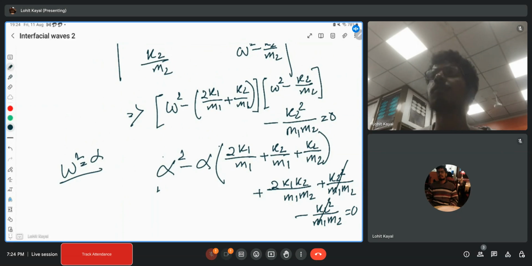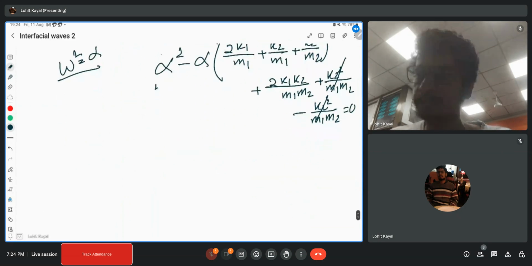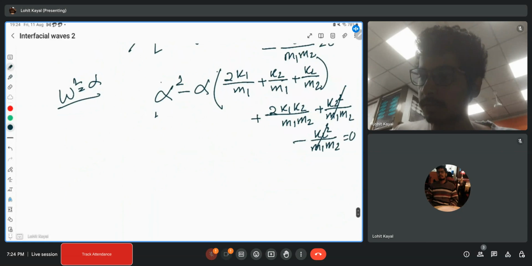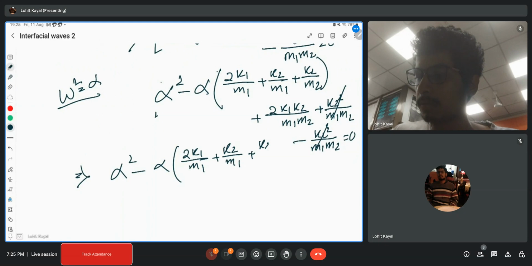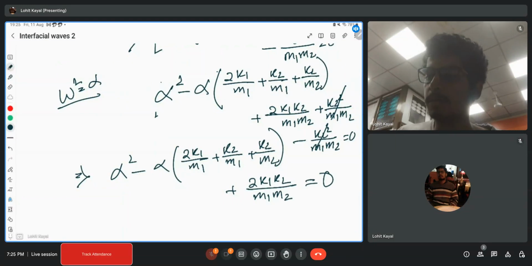So these two will be cancelled. This implies alpha square minus alpha times (2k1 by m1 plus k2 by m1 plus k2 by m2) plus 2k1 k2 by m1 m2 equals 0.